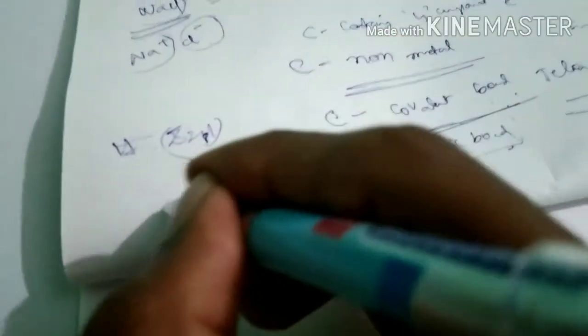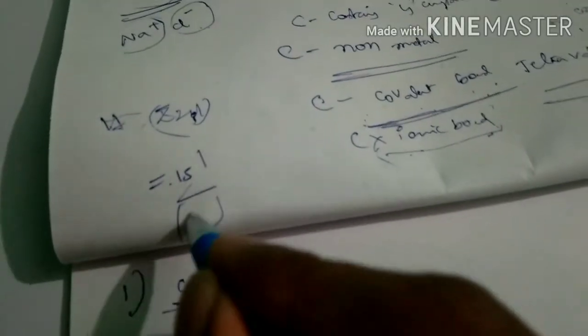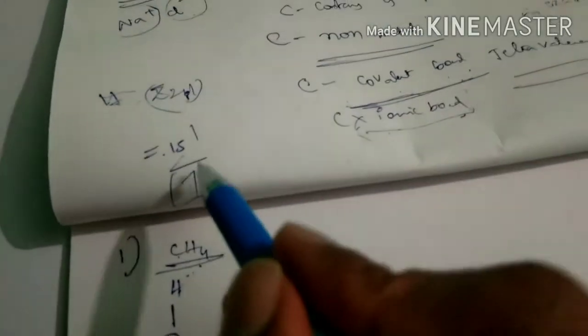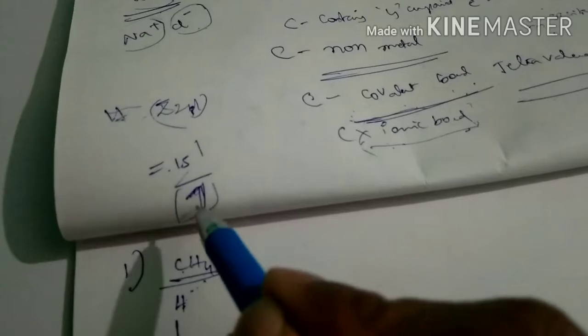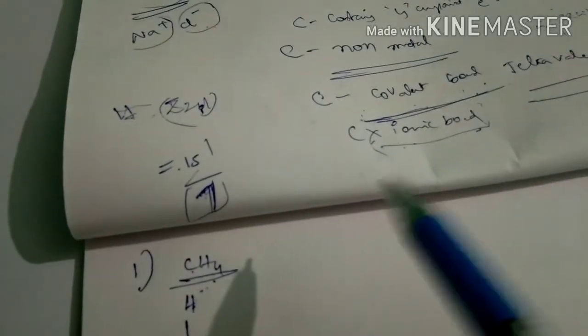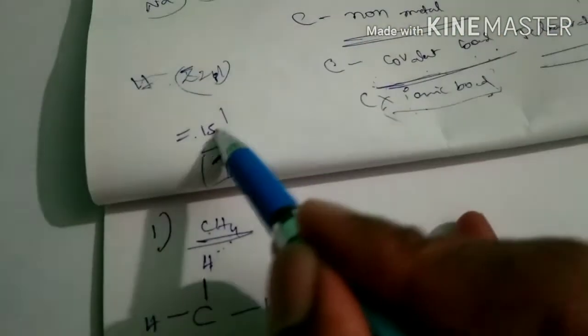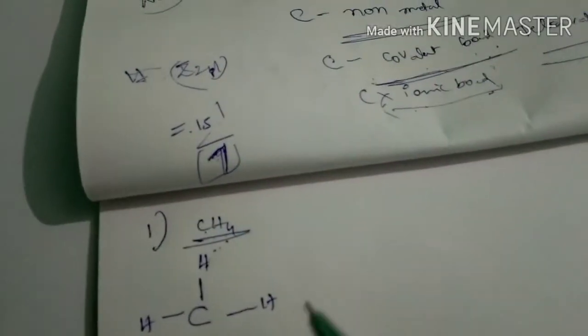Its atomic number is 1. Its electronic configuration is what? 1s1. That means it contains one unpaired electron. That is what? Valency electron. That means hydrogen can form only one bond with other atom. It cannot form more than one bond. That is a very, very important point. Because hydrogen contains only one electron in its valency shell. That is why hydrogen can form only one bond.